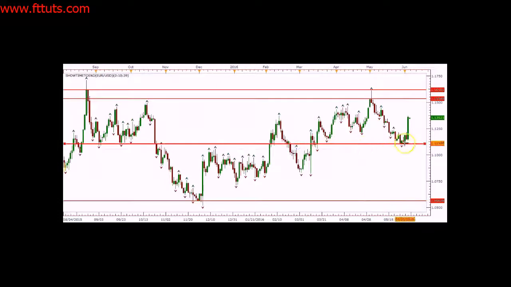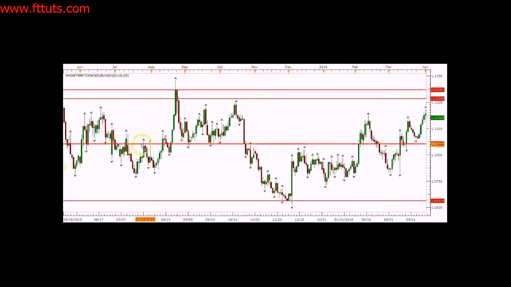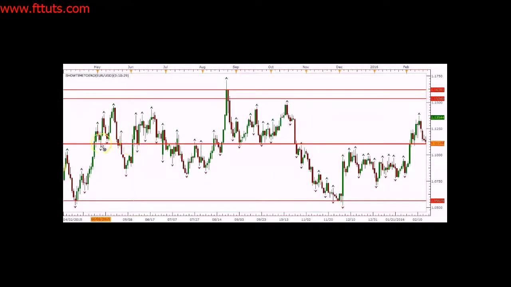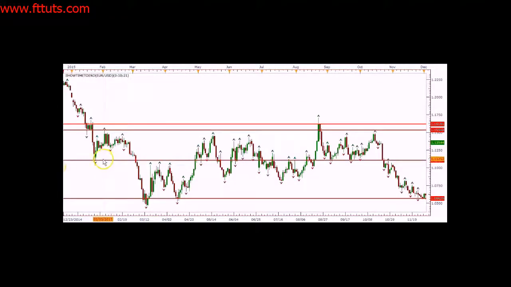Now I just drew it in from here. I didn't see anything else, right? So we just drew this level in, and then let's see what it lines up with over here. And you could see way over here it was nice support and resistance. So it was a support level here, and then it was a little bit of resistance here, support here, support here. So you want to find a level, and then way back here it was support.